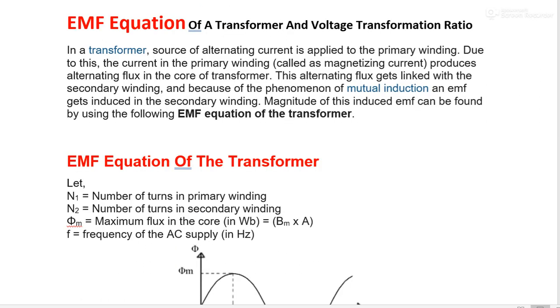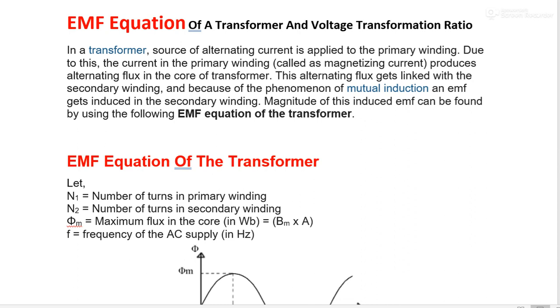Now we will see the e.m.f equation of a transformer. In a transformer, source of alternating current is applied to the primary winding. We know that the winding which is subjected to the AC input source is called the primary winding.